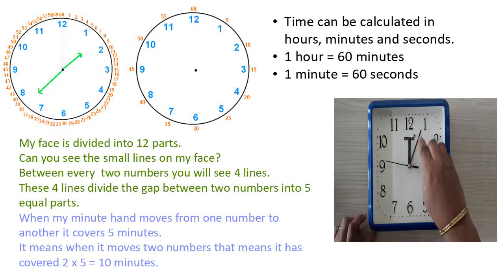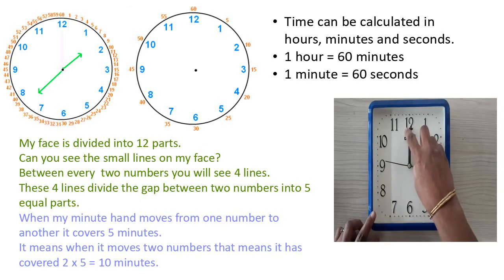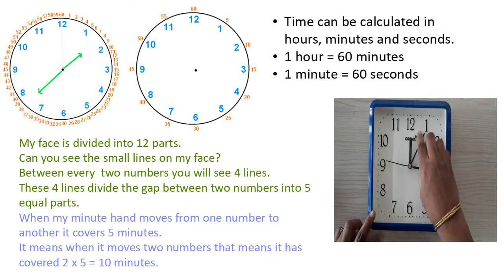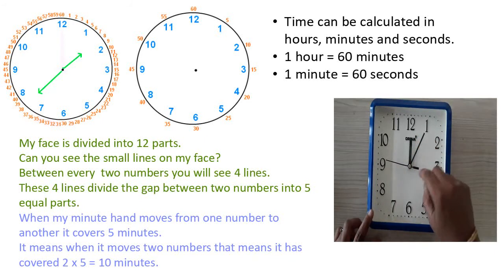That is the minute hand moves faster, and the hour hand moves slowly. So if the minute hand comes from 12 to 1, it has covered 5 minutes. As you have seen for seconds, similarly you have to think for minutes also.